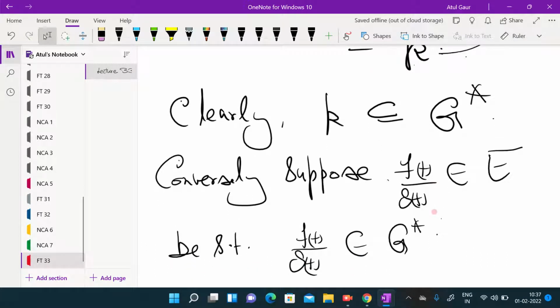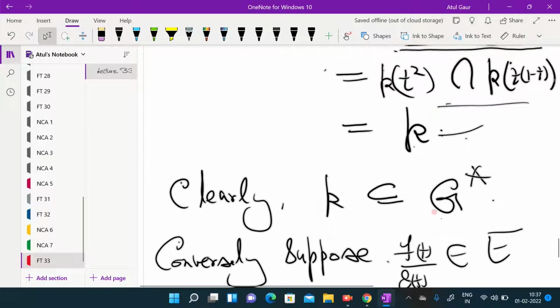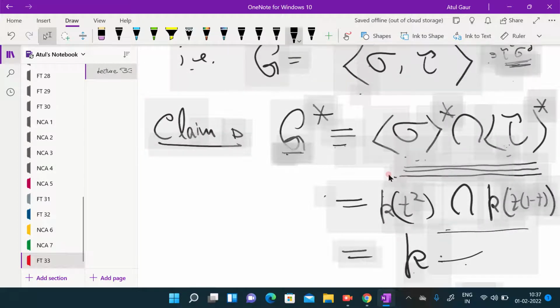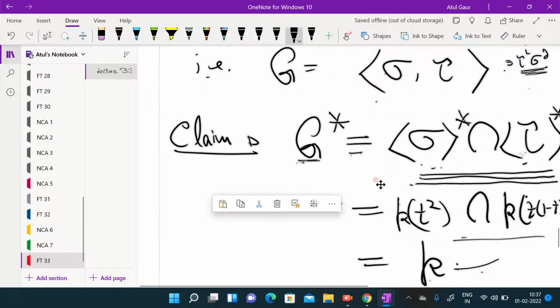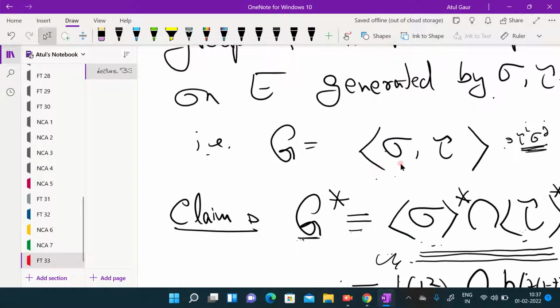That means both degrees should be 0. That's what I want to conclude. So the point is, look at G. What is G? G is this one, right? Just wait. So G is this one, the group generated by sigma and tau.